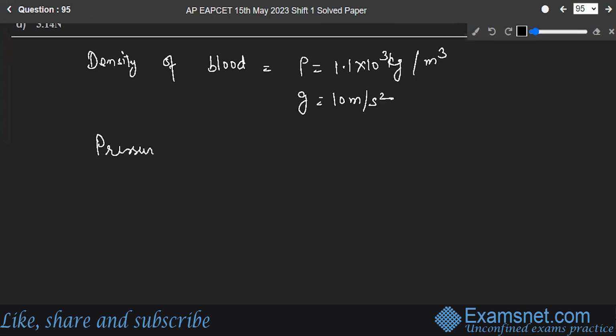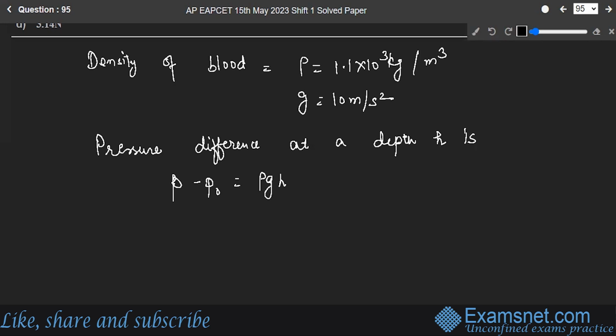Now, the pressure difference at a depth H is P minus P naught is rho G H, where P naught is the pressure at atmospheric level, right?